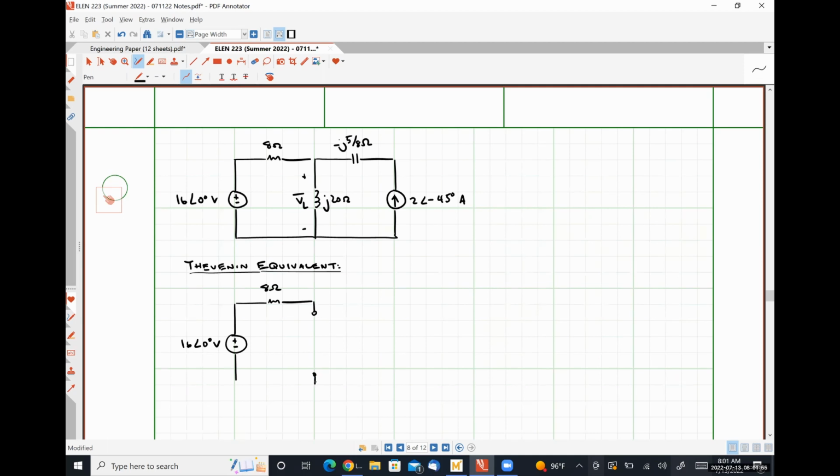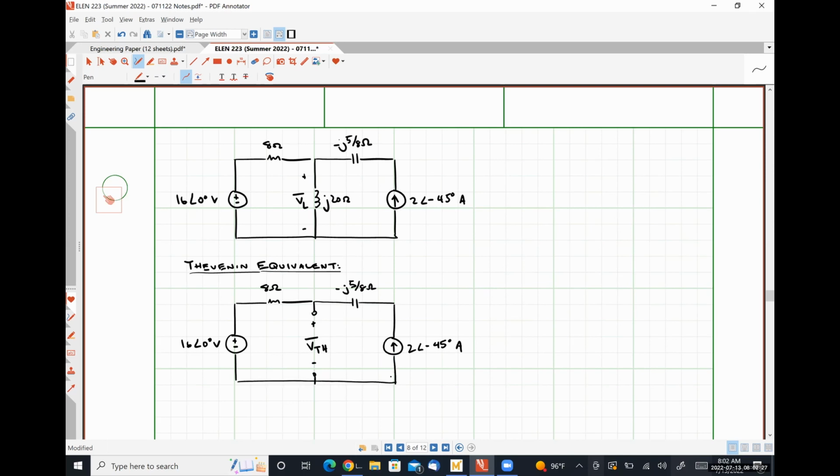Here's the open circuit terminals where our J20 ohm inductor was taken out. Here is our minus J 5/8 of an ohm capacitor. Here is our 2 angle negative 45 degrees ampere current source. Okay.